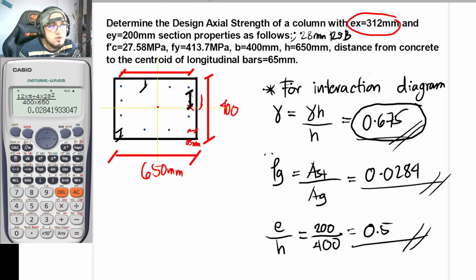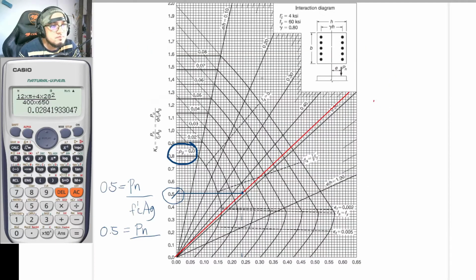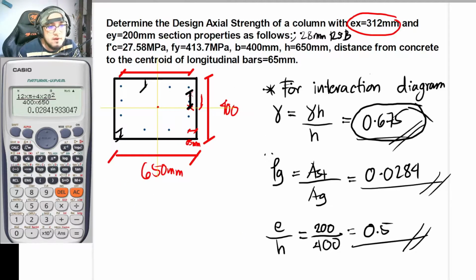Okay, so first, 0.675. So ngayon, hahanapin natin yung interaction diagram na merong gamma na 0.675. However, guys, wala talagang ganong table. So with that, since that is 0.675, ang gagawin ko ngayon is that I will be using the interaction diagram that has a gamma of 0.7, then 0.6. Tapos mag-interpolate na lang ako ng value.